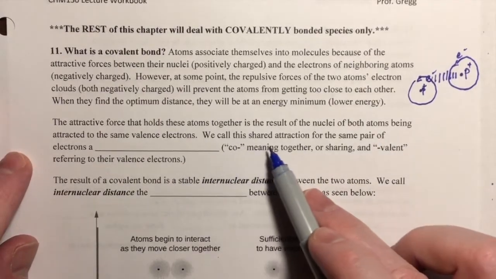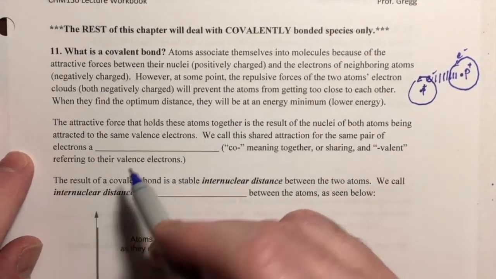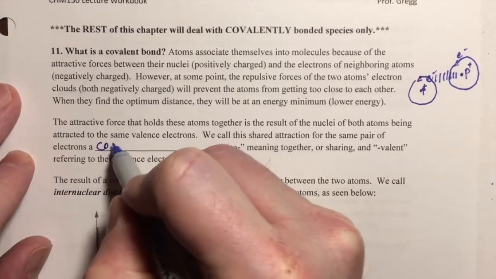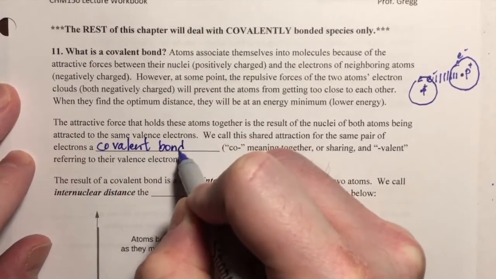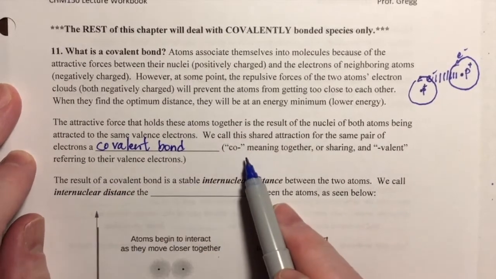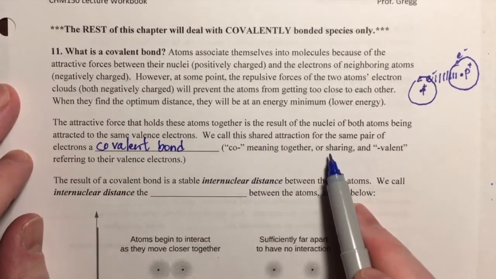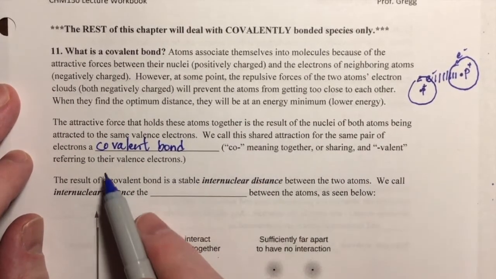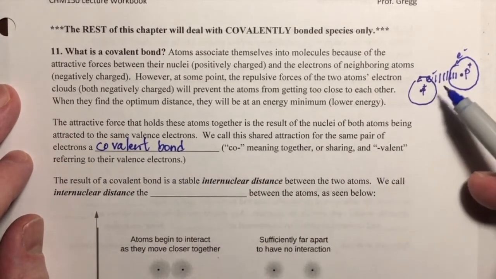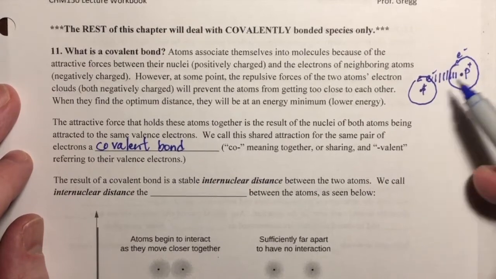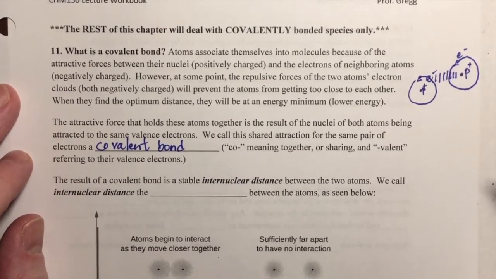We call this shared attraction for the same pair of electrons a covalent bond. Co means together or sharing, and valent is referring to the valence electrons. So they're sharing an attraction with the same valence electrons, and that's what holds the atoms together.